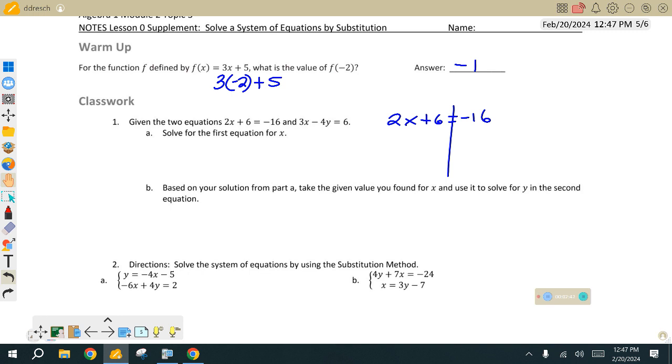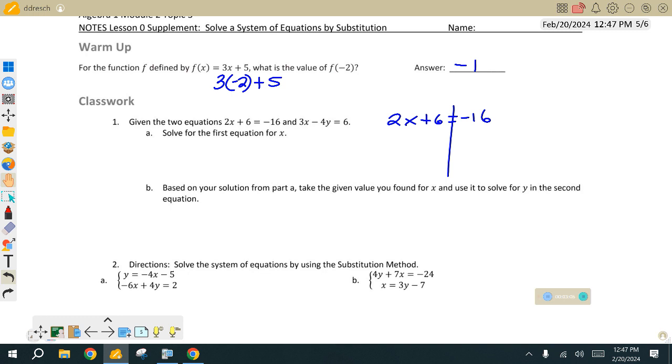It's a two-stepper. Put the phone away, Weston, and let's go solve it out, bud. Okay, so we got 10 minutes. 2x plus 6 equals negative 16. So go use your equation skills to solve it out for x.